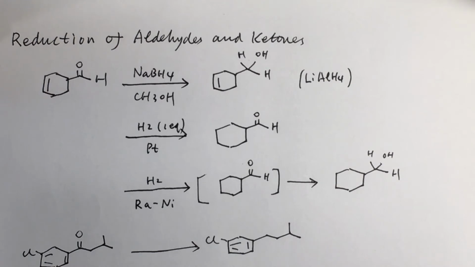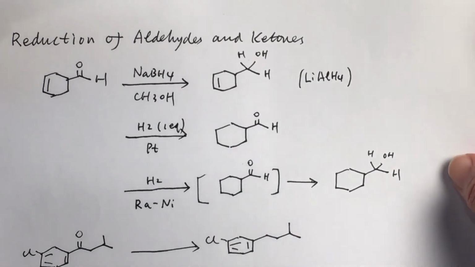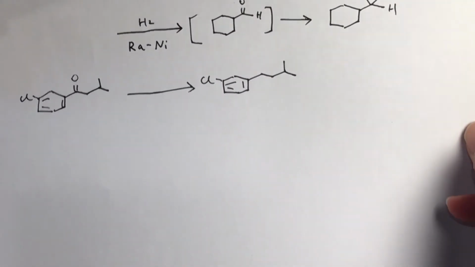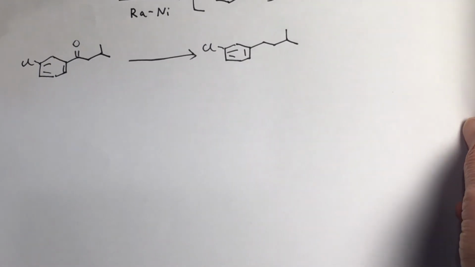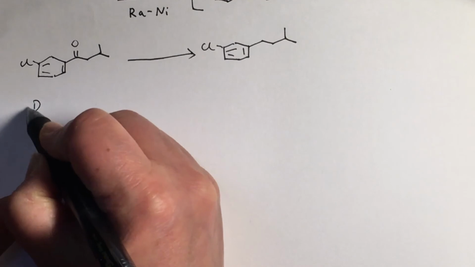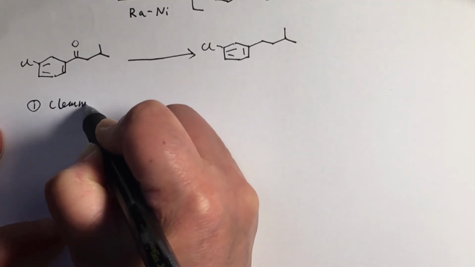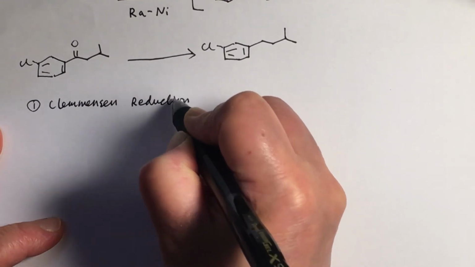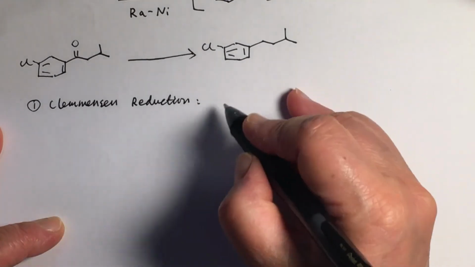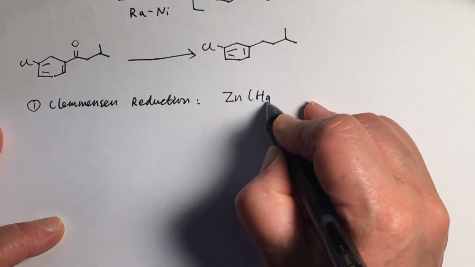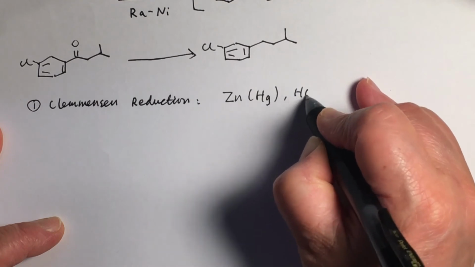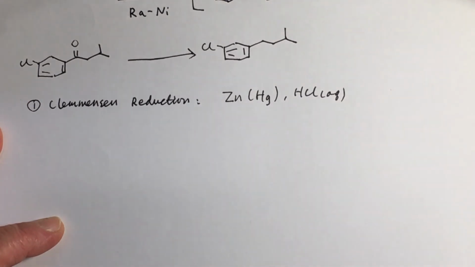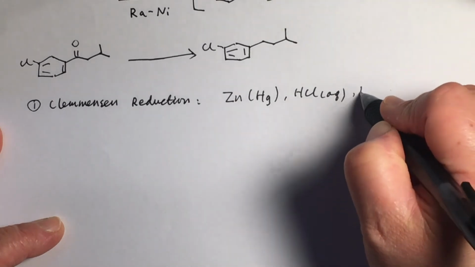The first example we've seen is the Clemmensen reduction reaction. Let me move the page so you can see better. Do you still remember the Clemmensen reduction reaction? The Clemmensen reduction utilizes zinc amalgam, and the reaction is typically carried out in concentrated hydrochloric acid solution with reflux.